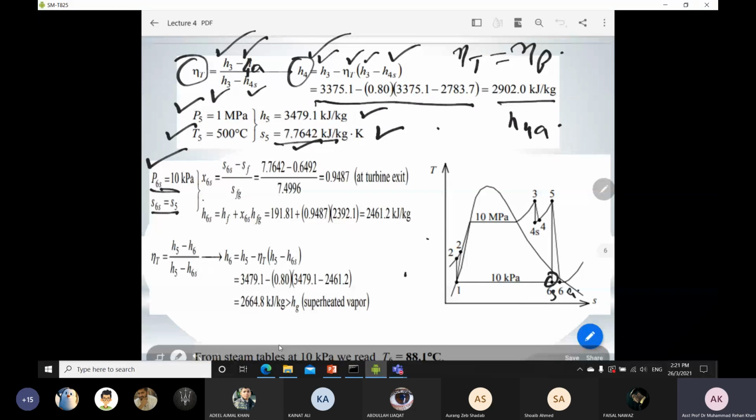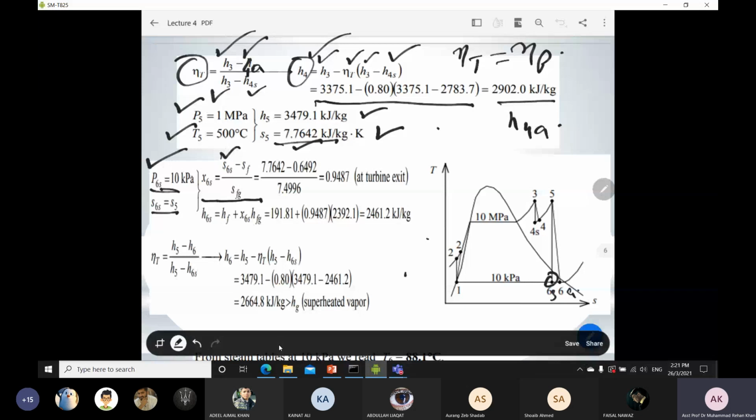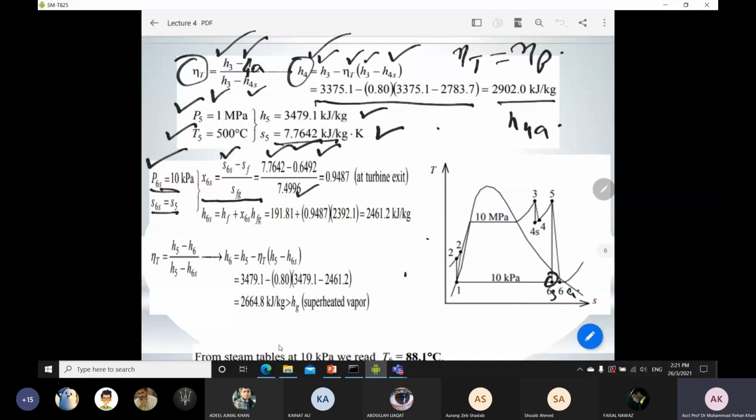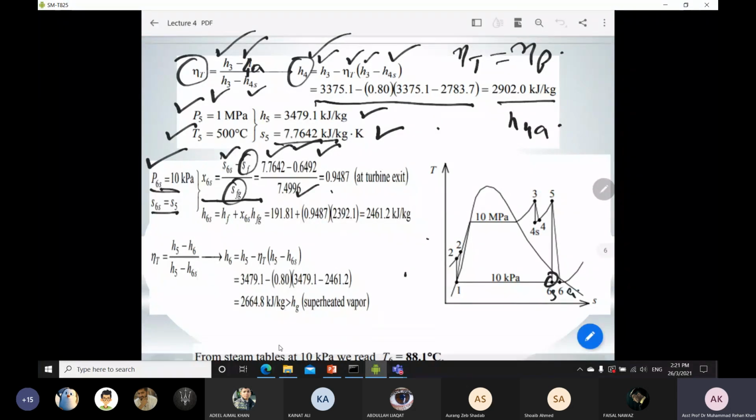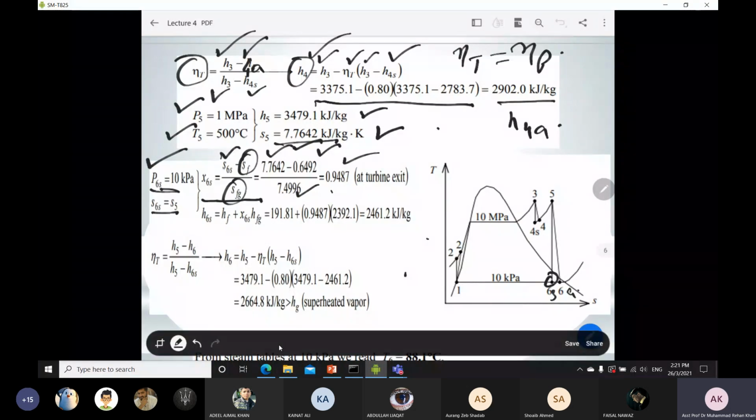So just plug in the values in this equation, which you already know for finding the quality. You can find these values from the 10 kilopascal row of the water pressure table, and you can easily find the quality. Now coming towards H6S, where we have to find the enthalpy at 6S.